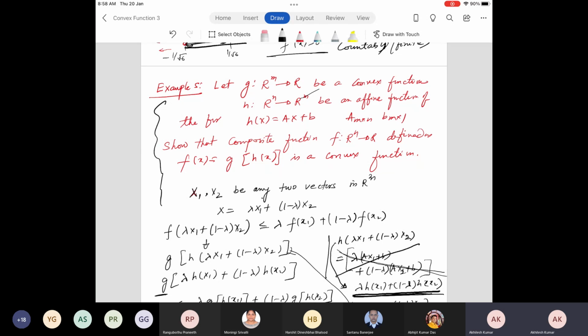Even if instead I'm showing hx of the form ax plus b, let's say like in linear programming, we have ax equals to b, right? That kind of situation. There we do not have just one x, but a set of equations or inequations.